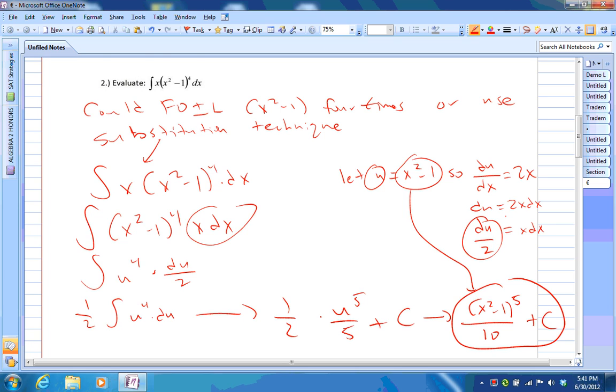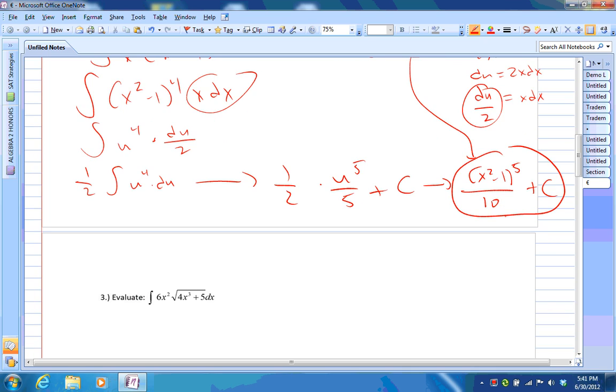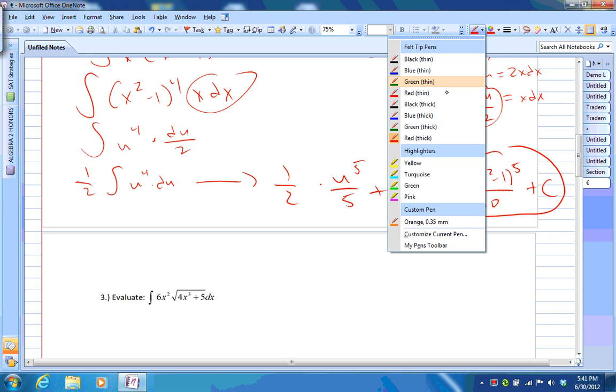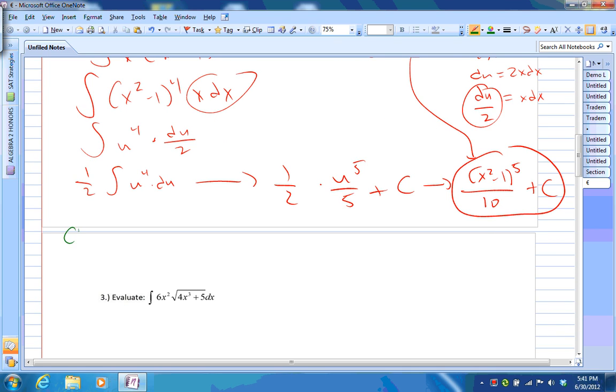You could always check your work too to see if you've done this right. So if we do a quick check, x squared minus 1 raised to the 5th power over 10 plus c. Let's say y equals that. So when you take the derivative, you're going to have 5 x squared minus 1 raised to the 4 power divided by 10.